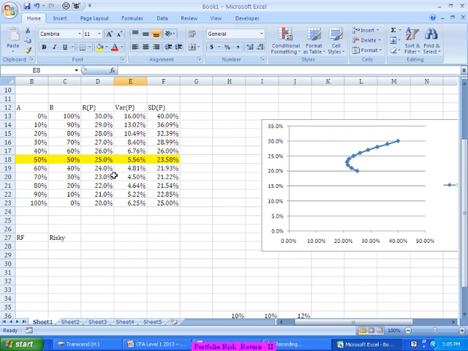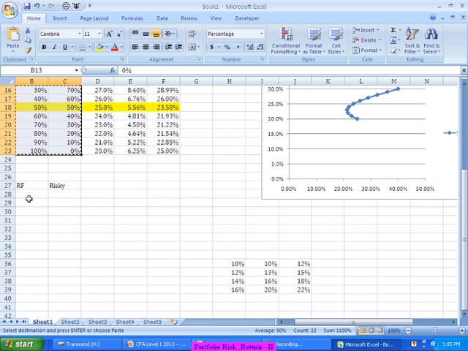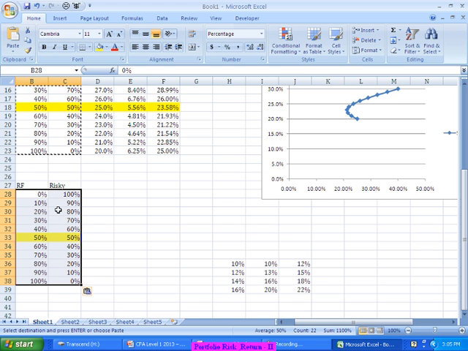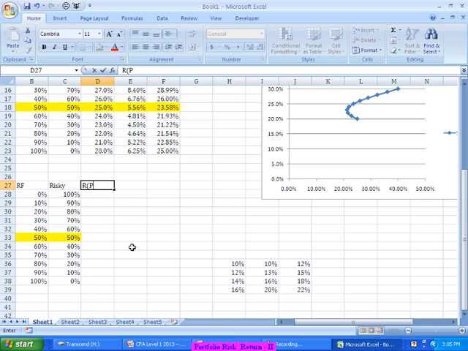Now, the same logic I can apply to this combo. The same kind of diagram, the same kind of situation. I can apply 0% in risk-free, 100% in risky, and so on. Now, in this also I can talk about the return, the variance, and the standard deviation. All these three I can try out for this combination.